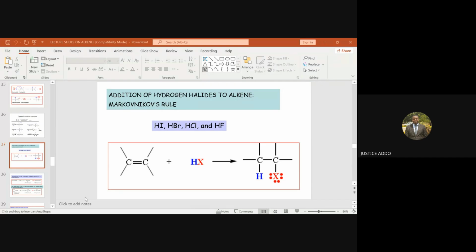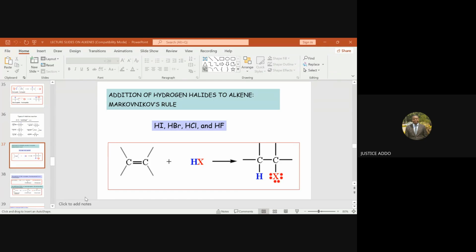With the asymmetric, the double bond in the structure is not situated in the middle. So Markovnikov is saying that when you are adding a halogen acid to an asymmetric alkene, the hydrogen from the acid goes to the carbon with more hydrogen.